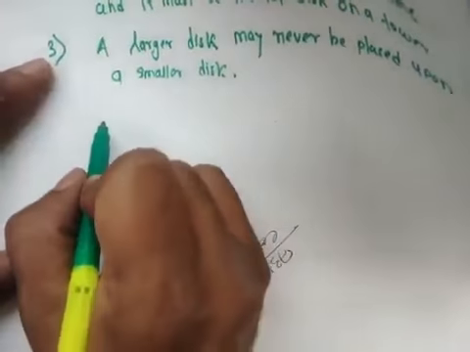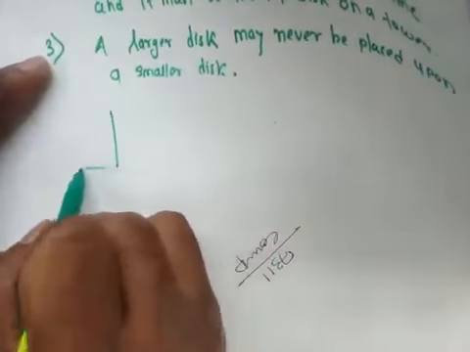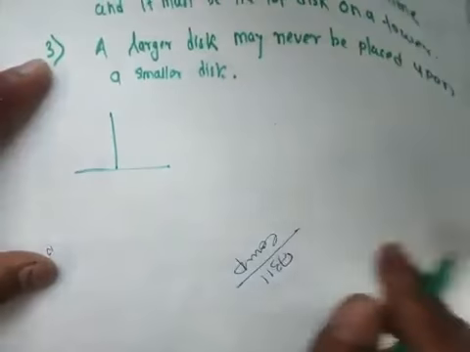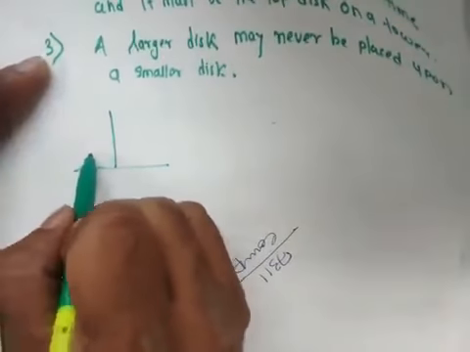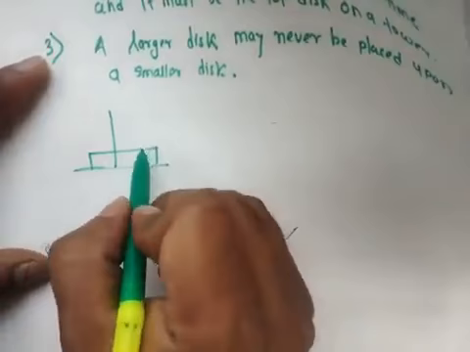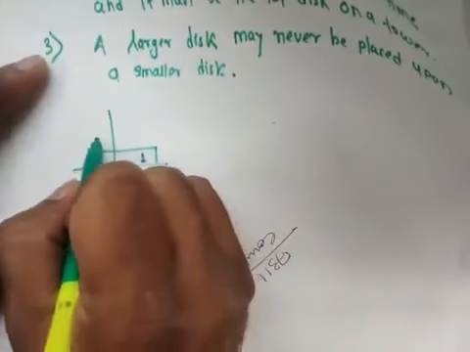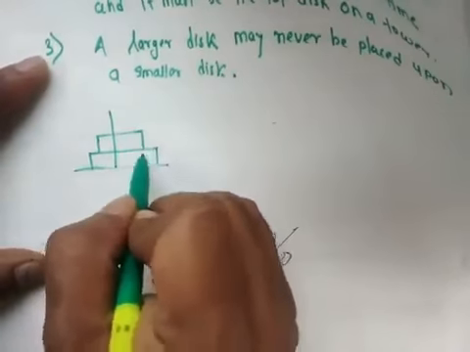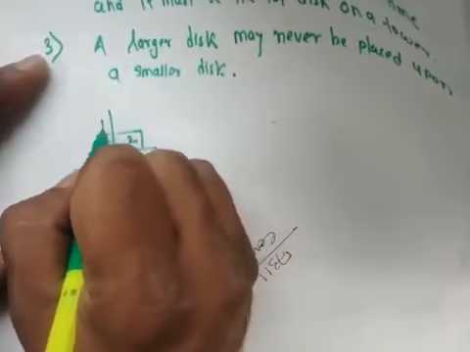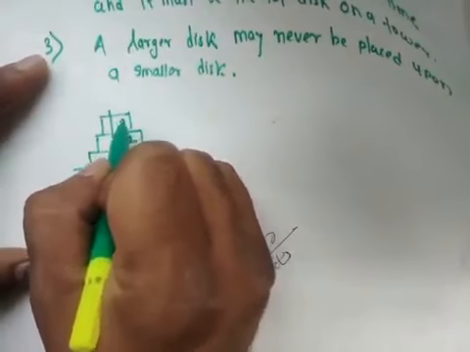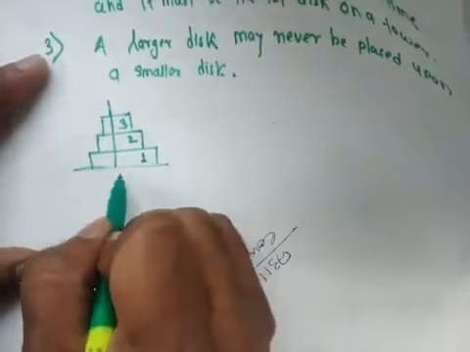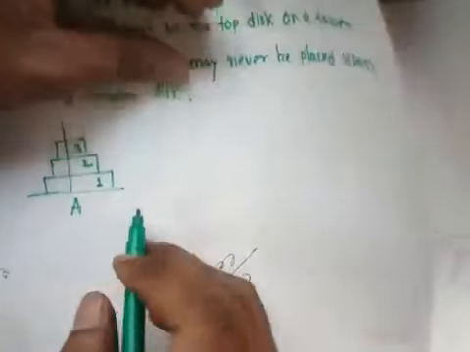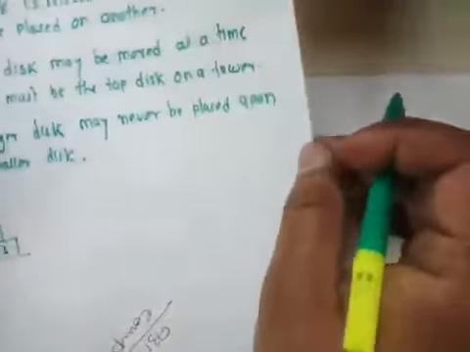You have one tower where you have some disks, like this is disk 1, then the smaller disks on the top of the larger disk, that is disk 2, and this is disk 3. Okay, and this is peg A, and you have two more pegs here.